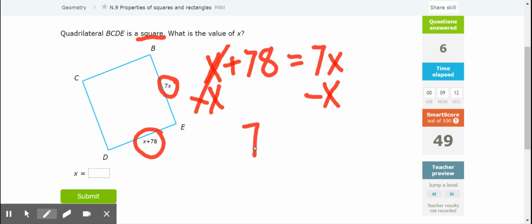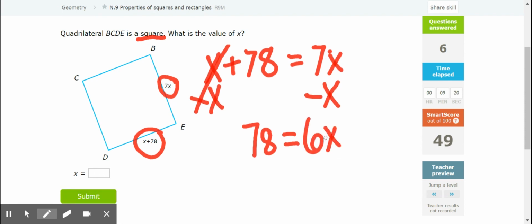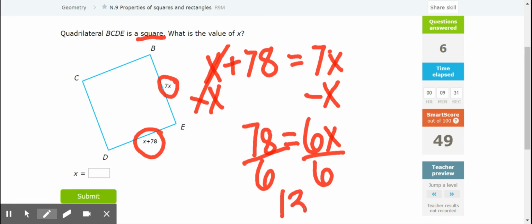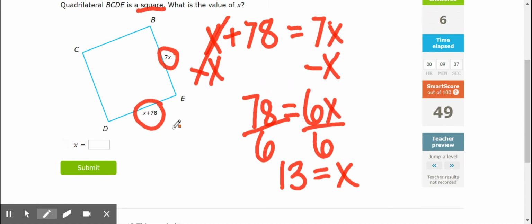Then I have 78 equals 7x minus x, which is 6x. Now I need to divide by 6, divide by 6, and 78 divided by 6 is 13. So 13 equals x. It asked me to find the value of x. It's 13, so I'm going to put 13.